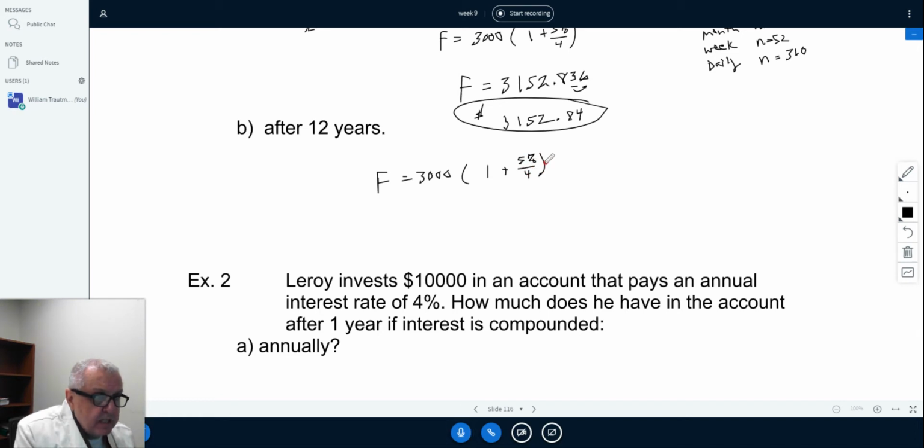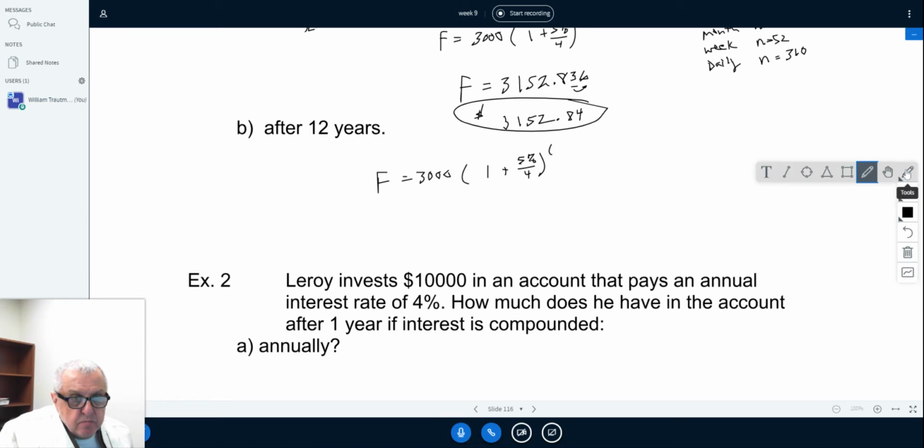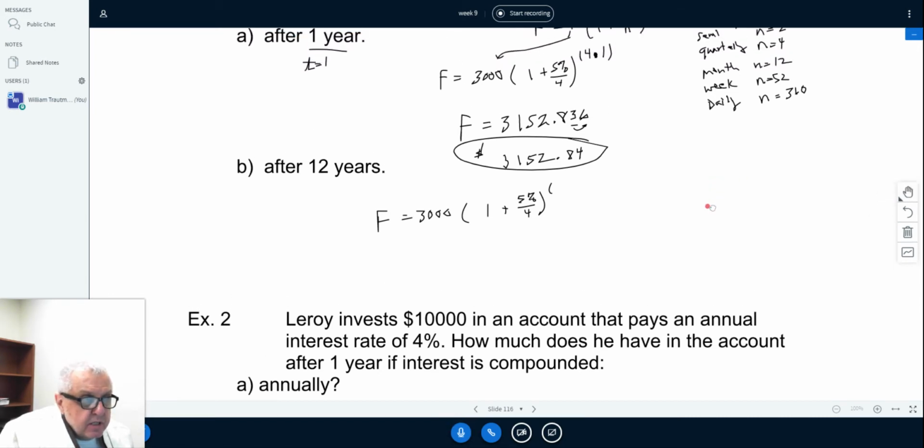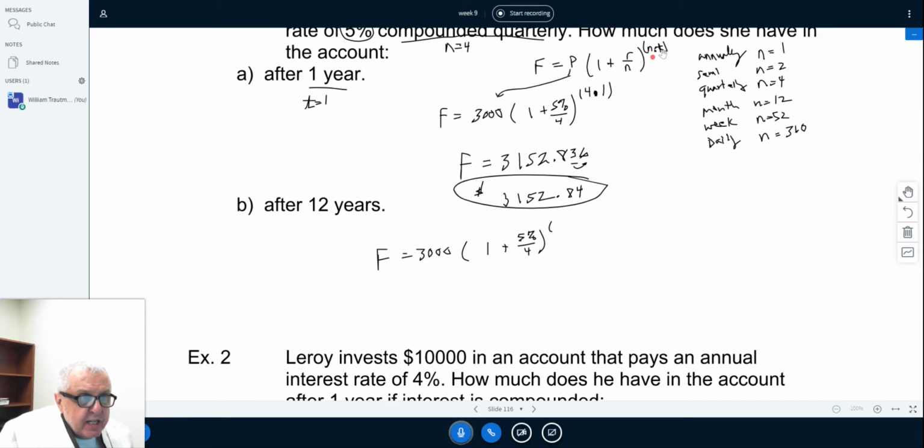Except now, remember, the formula was n times t. N, how many times it's compounded, is 4. T is how many years, and we're going to keep the money in the bank for 12 years.